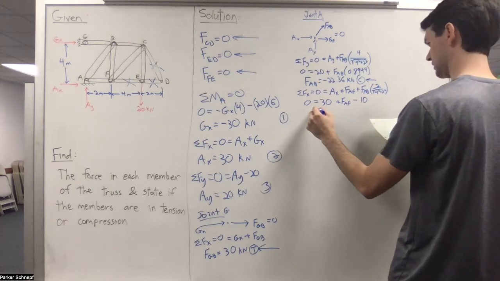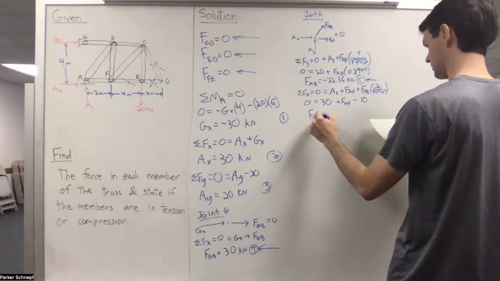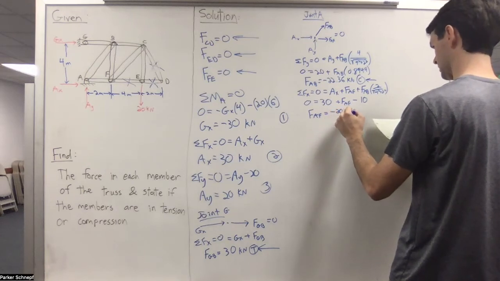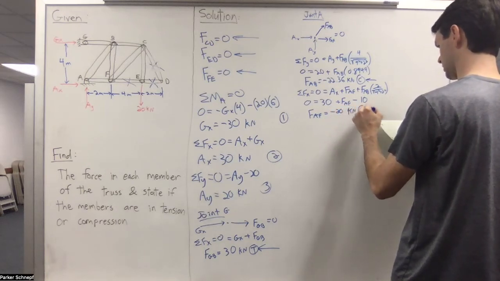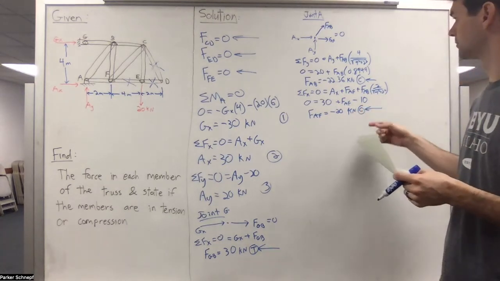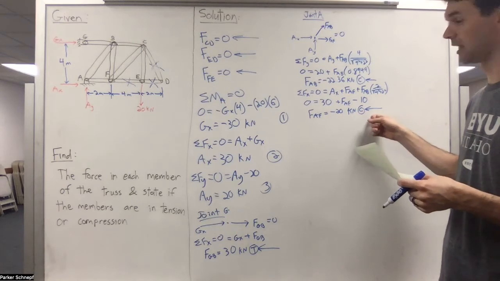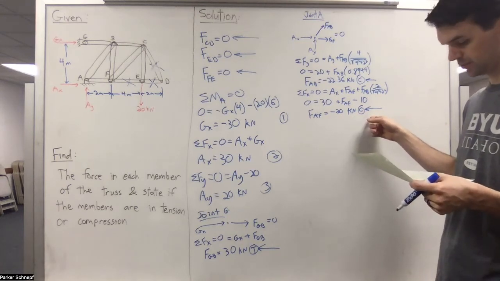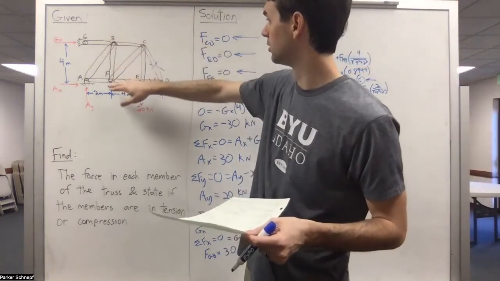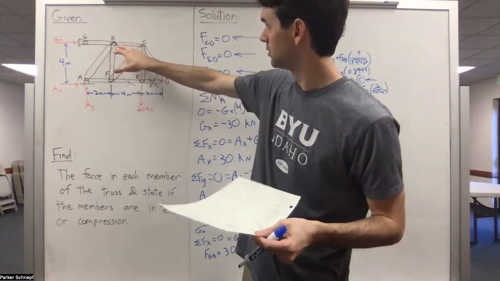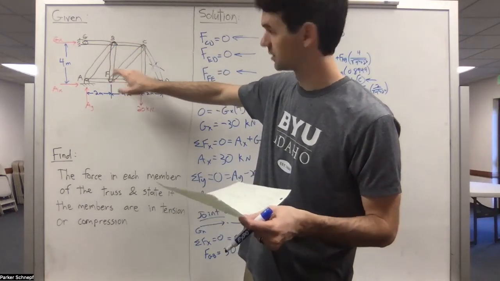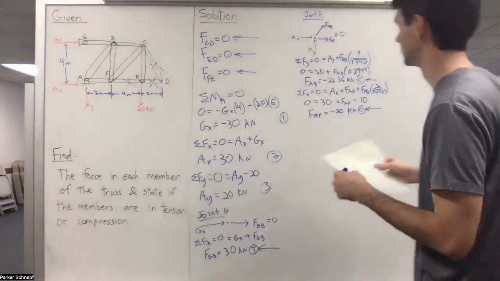And it gets me that FAF equals minus 20 kilonewtons, and therefore in compression as well. All right, so that is joint A, and now we're just going to keep marching along. So we've done these, so we can go to either joint F or joint B next. So let's go ahead and go to joint B.